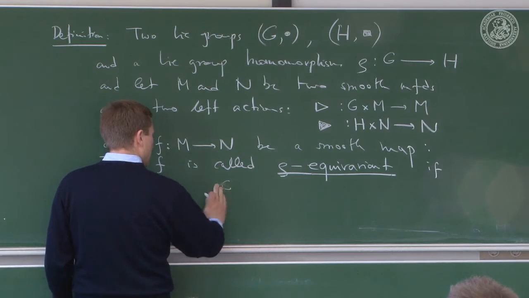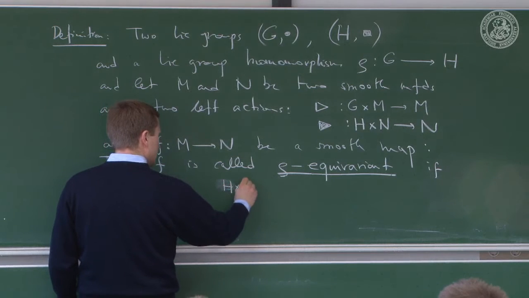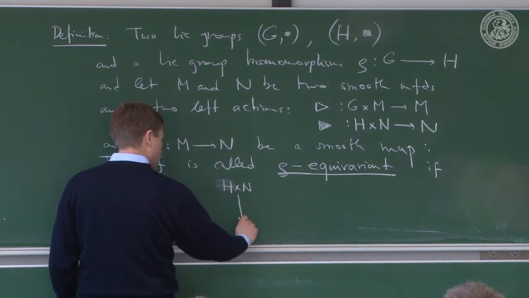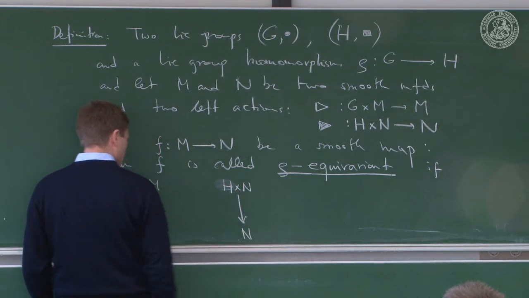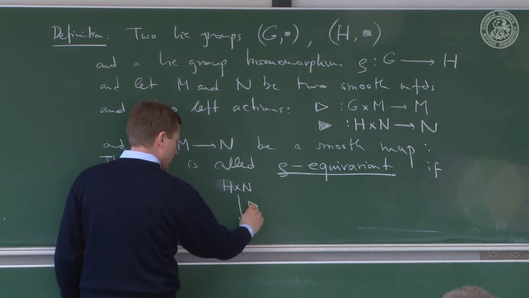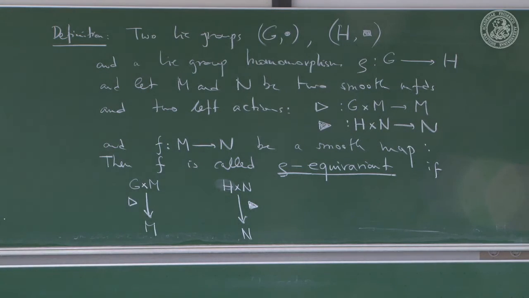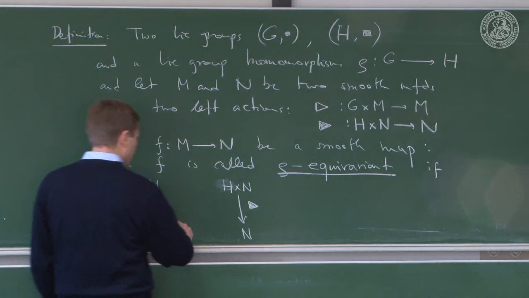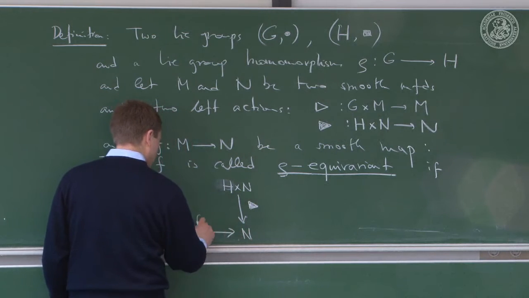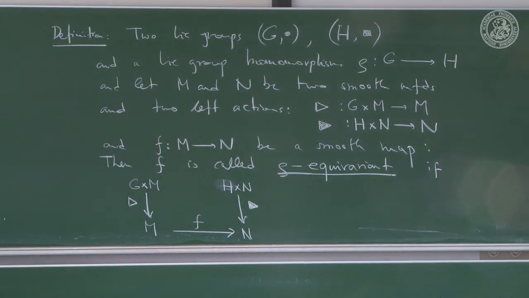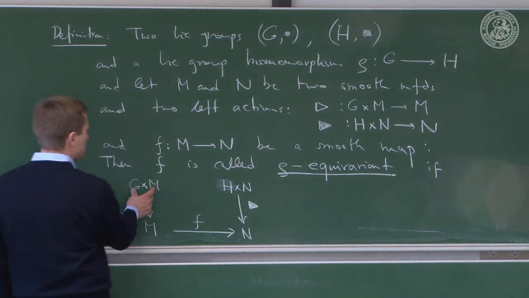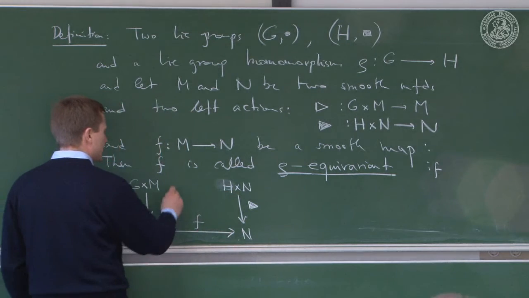I take H cross N to N by my solid left action. I have this map F that goes from here to here. How can I construct a map from G cross M to H cross N?